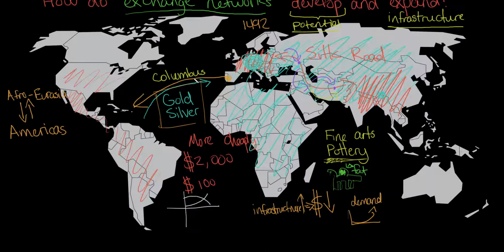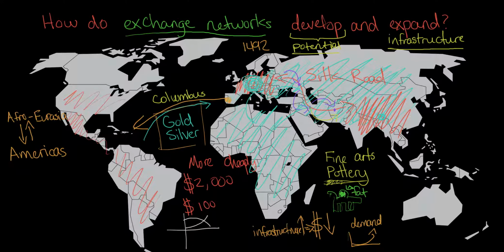This incredible infrastructure and potential that developed the Silk Road was now turning against it, and caused the collapse of the empires at either side that were once trading.